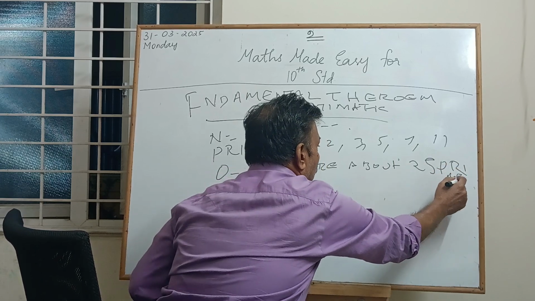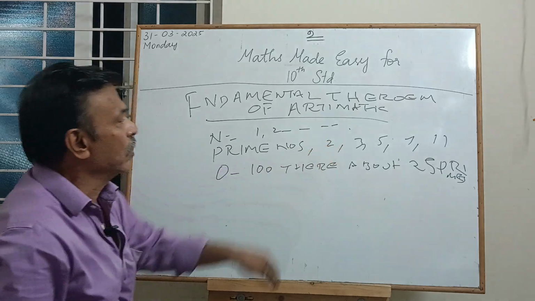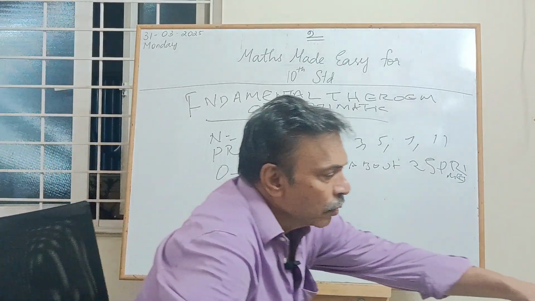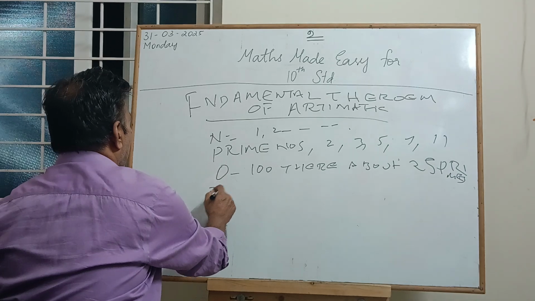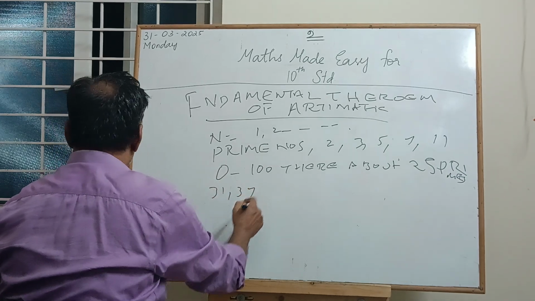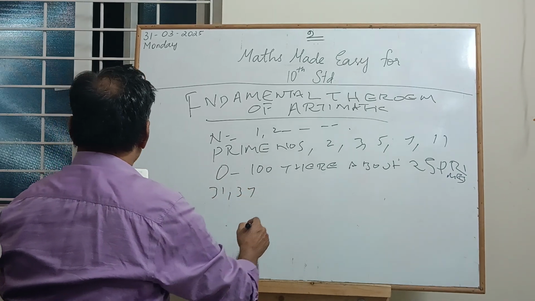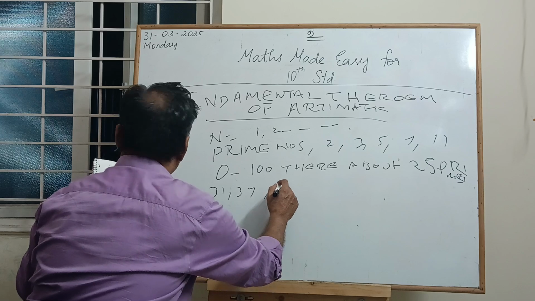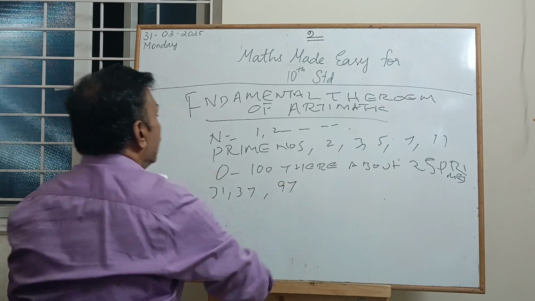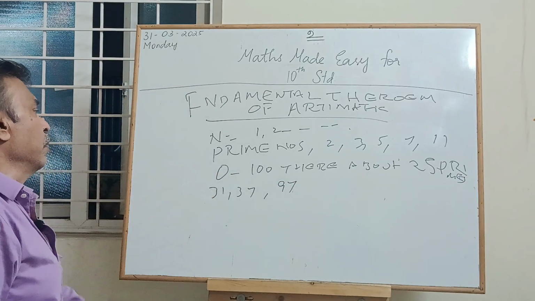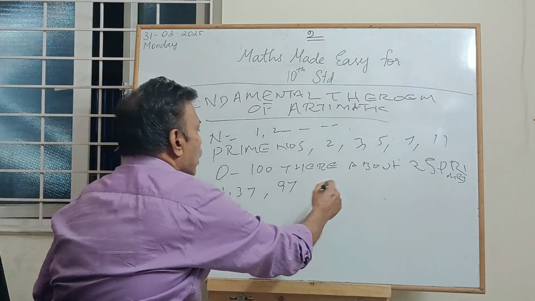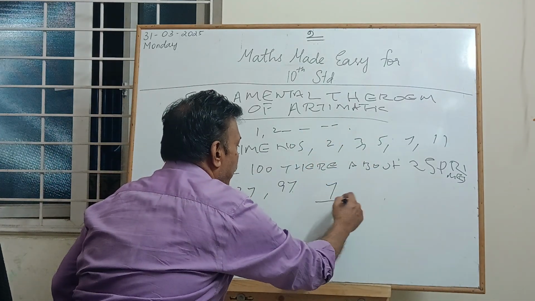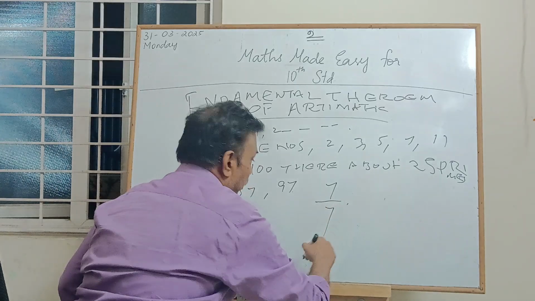So what are these prime numbers? See, 31 is also a prime number. 37 is a prime number. And the last prime number before 100 is 97. Suppose you take 7. 7 cannot be divided by any number other than 7.